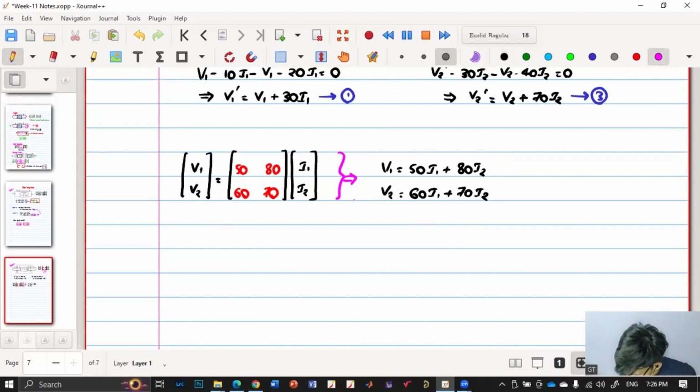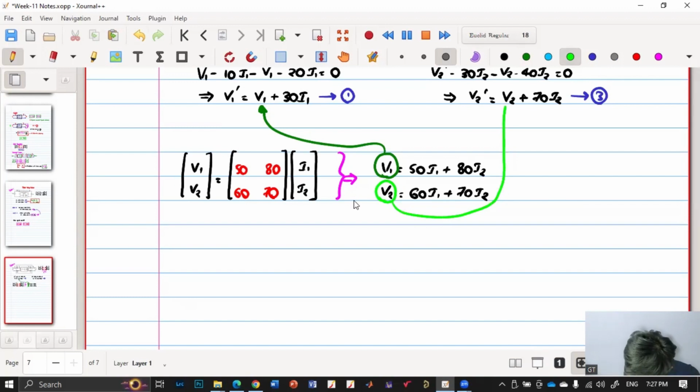So now substitute this V1 here and this V2 here. What will be our new V1 dash and V2 dash?